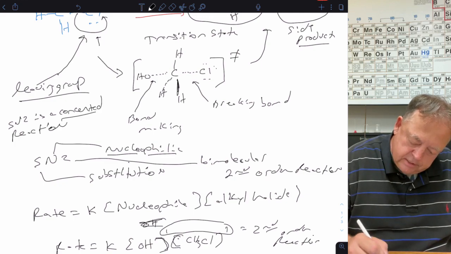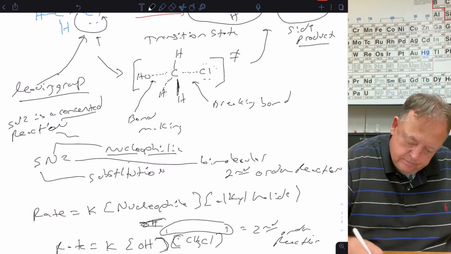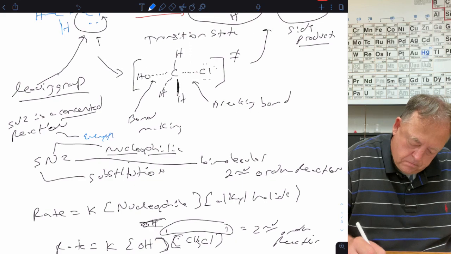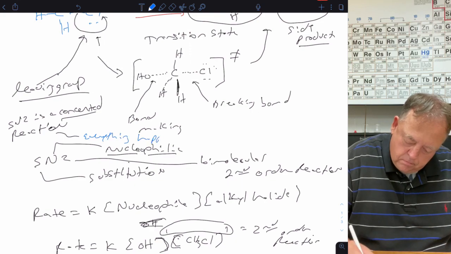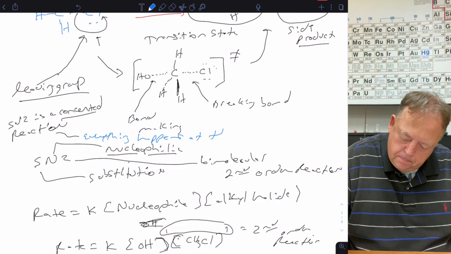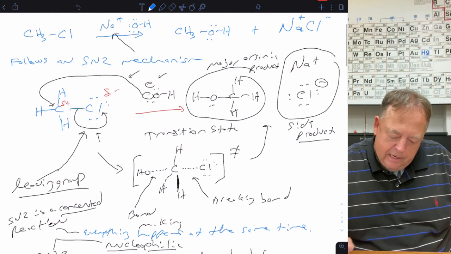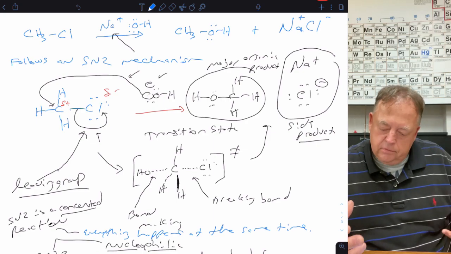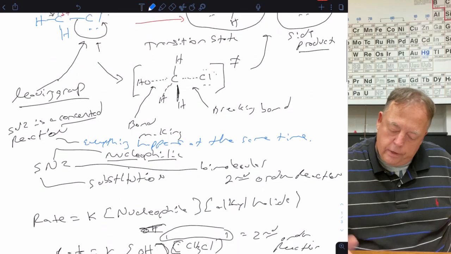What that means is everything happens at the same time. You make a bond from the nucleophile to the carbon, and the leaving group leaves all in the same step, so it's a one-step reaction.